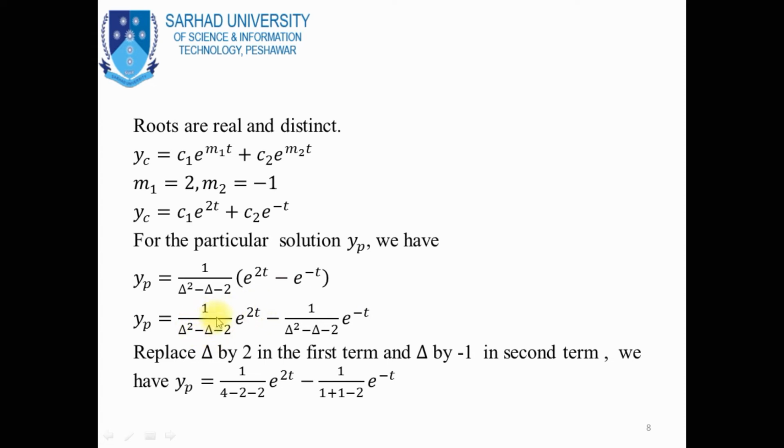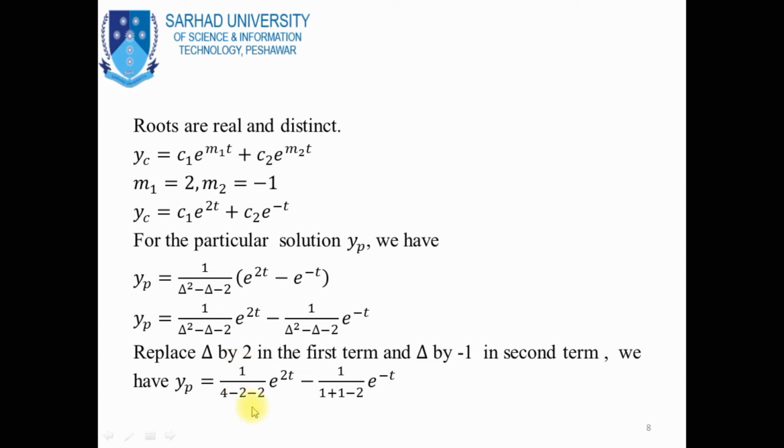So for the particular solution, in case of exponential, we have already discussed, we replace this delta by 2 and replace this delta by minus 1 in the second term. So the particular solution is 1 over 4 minus 2 e power 2t plus 1 over 1 plus 1 minus 2 e power minus t.